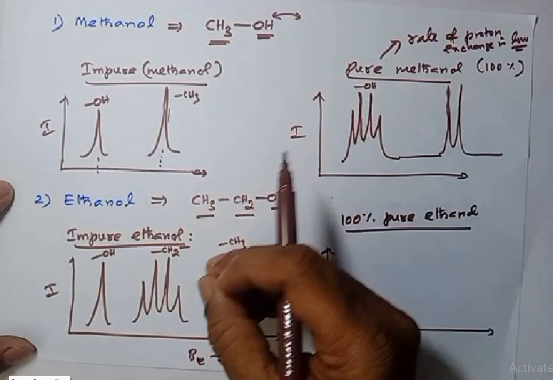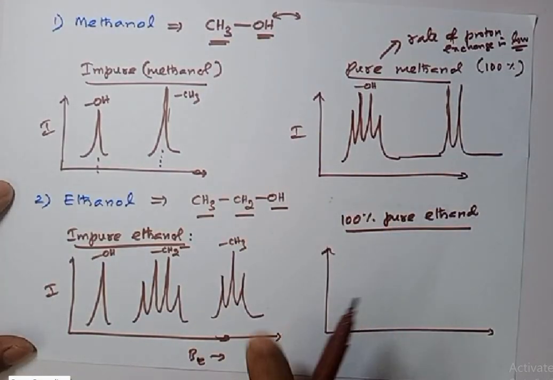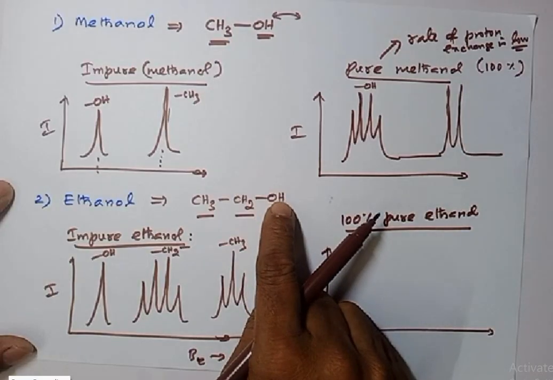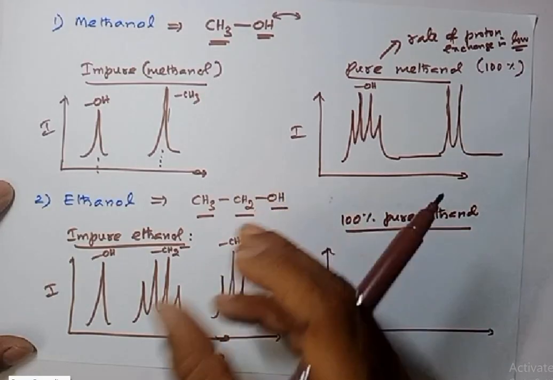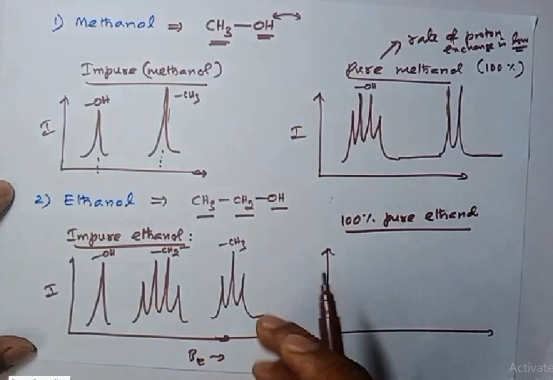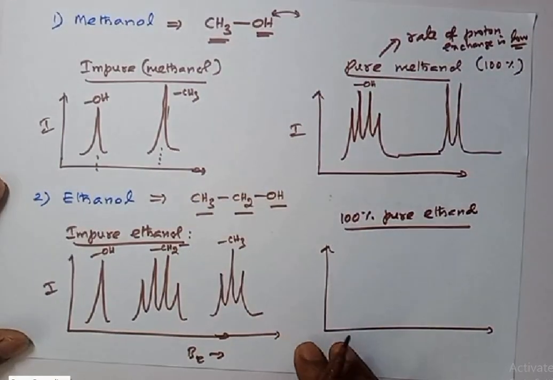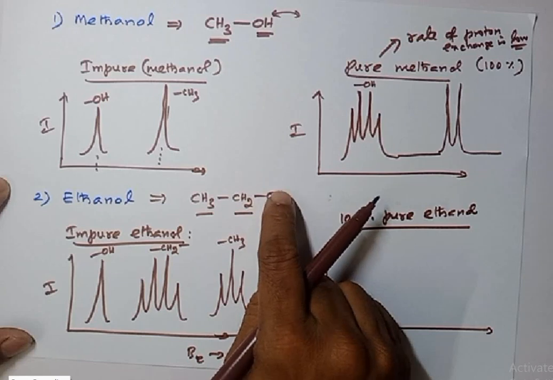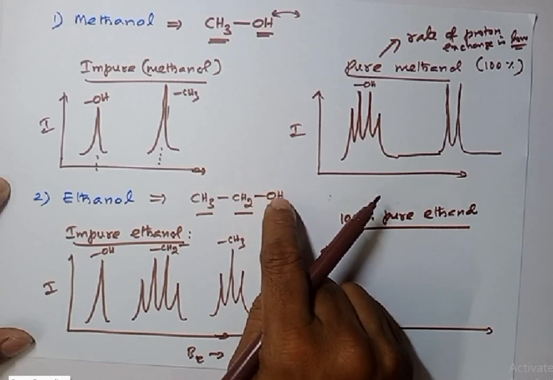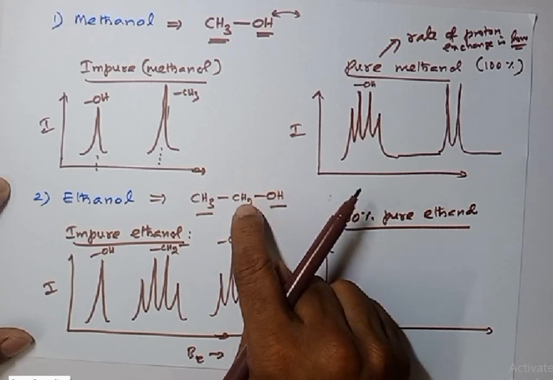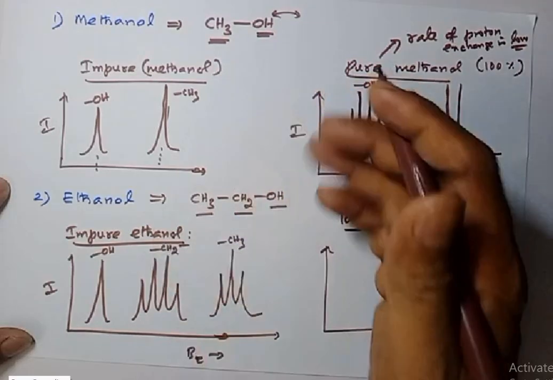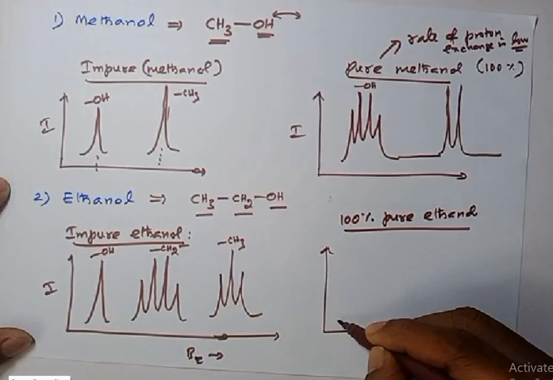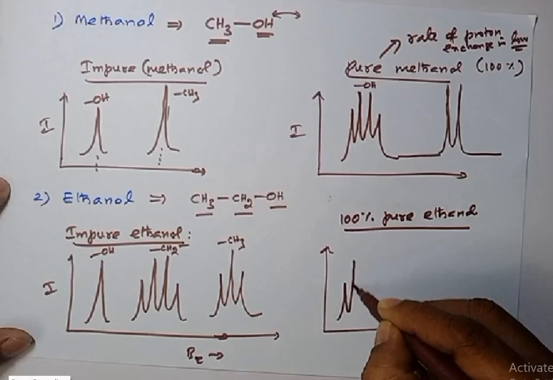So slow exchange takes place, and the residence time of the hydrogen atom on oxygen increases. Therefore, coupling is possible. In this case, the signal for the OH proton is split by CH2 into a triplet. So the OH signal appears as a triplet.